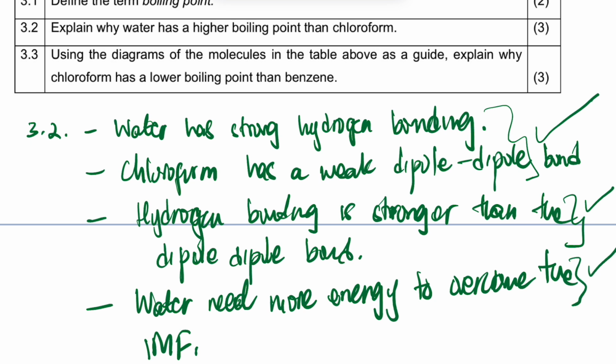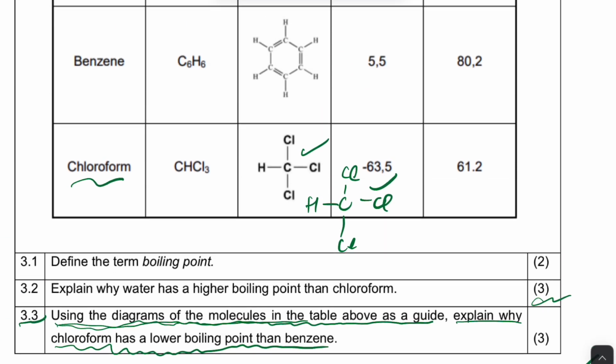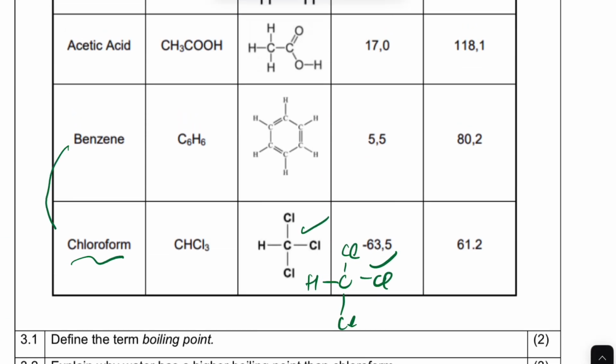That's 3 marks, right? Question 3.3 says, in the diagrams of molecules in the table above as a guide, explain why chloroform has a lower boiling point than benzene. So now we're talking about chloroform and benzene.